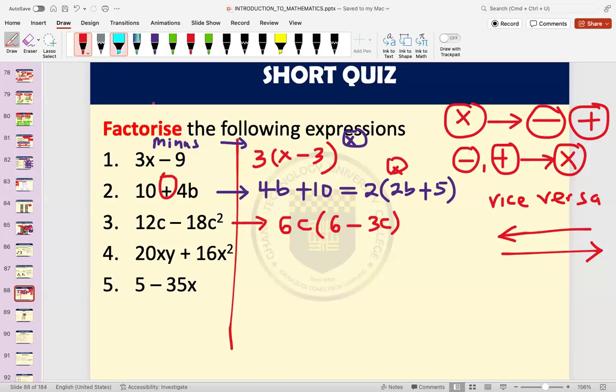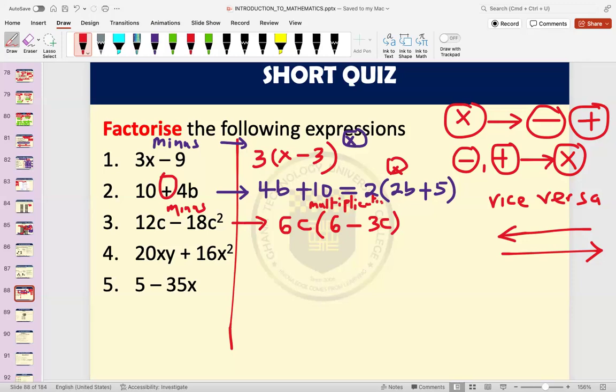We've been able to change this expression from minus into multiplication. Hello, sir. Yes. So when you are reversing the 6c into brackets 6, when you multiply them, you get 36c, right?